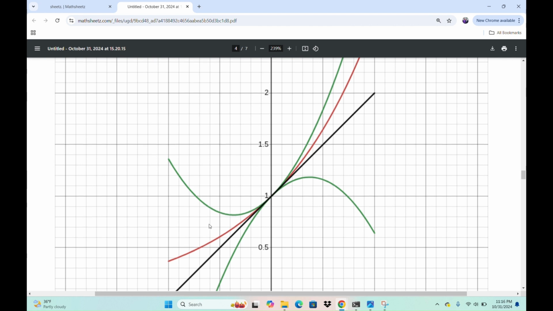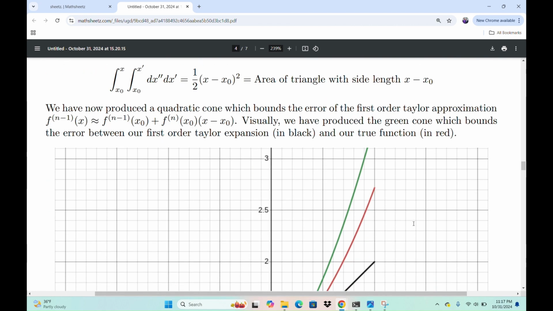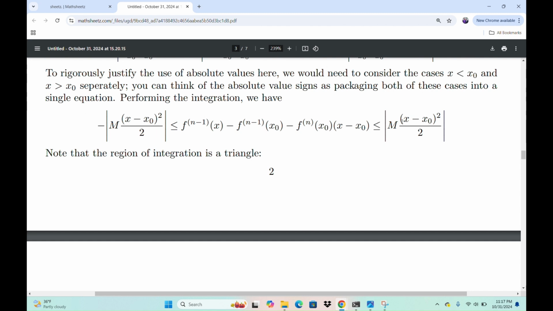This cone is the error cone that we've now integrated. Okay, so moving, it's not exactly the error cone for visual purposes because the error cone is just going to look like a literal quadratic cone, but that error cone is bounding the difference between our approximation and the function.